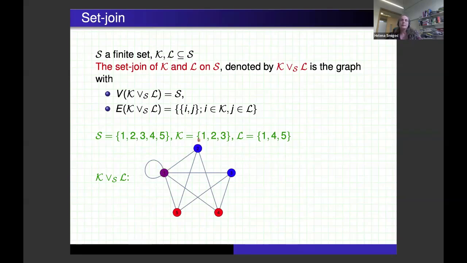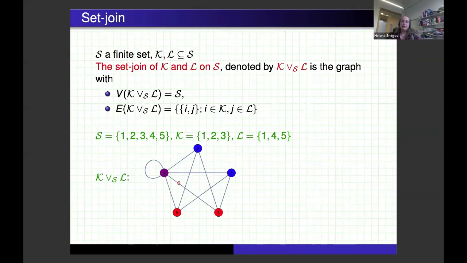So here in this example, we have sets {1, 2, 3} and {1, 4, 5}. If I removed one, I would get the complete bipartite graph K 2,2. But adding one brings me this vertex that's connected to everything, including itself. So that's what's called a set join.